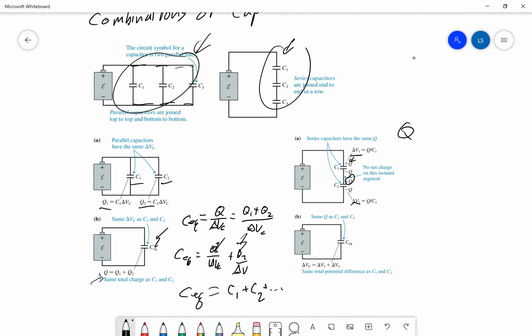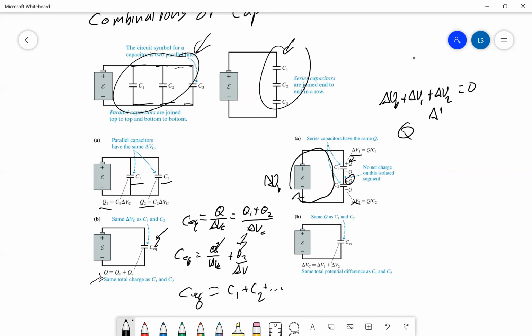Now, because of Kirchhoff's loop law, if you go around this loop here, delta V battery plus delta V1 plus delta V2 has got to be equal to 0.